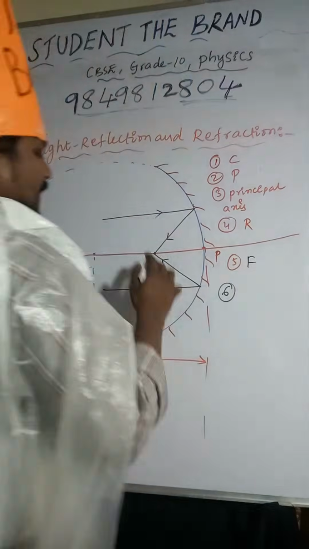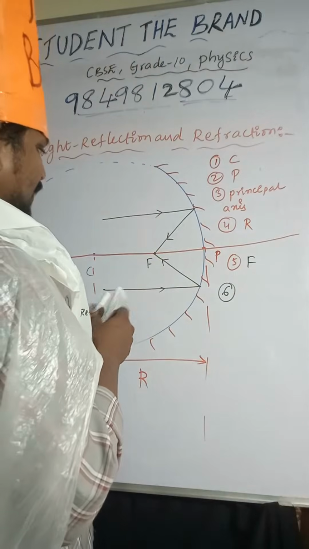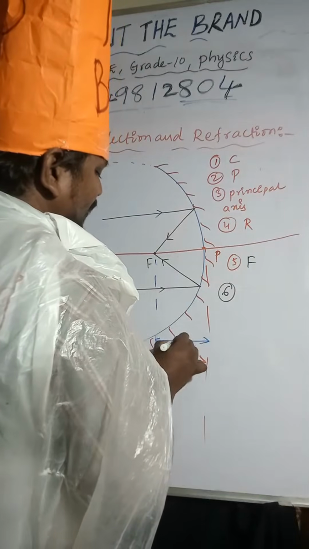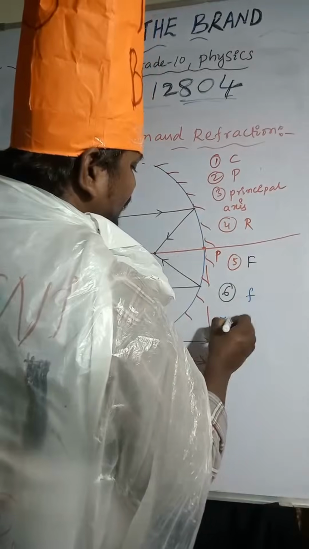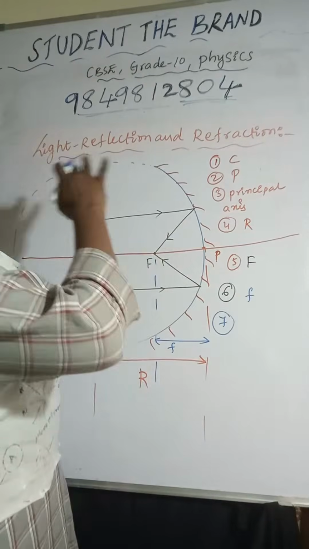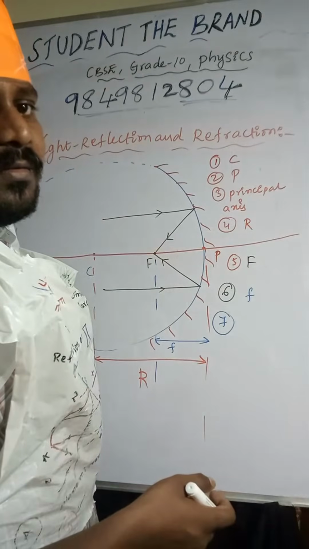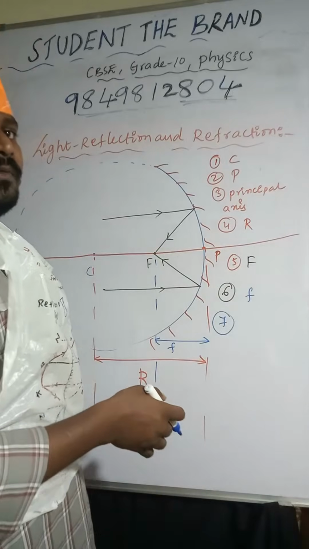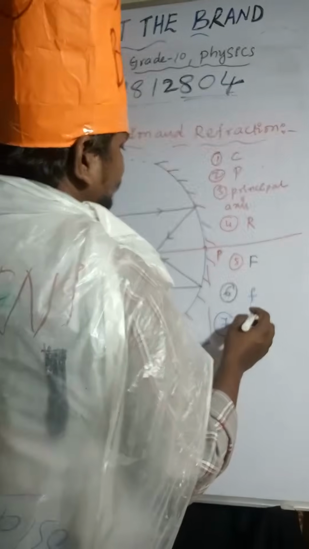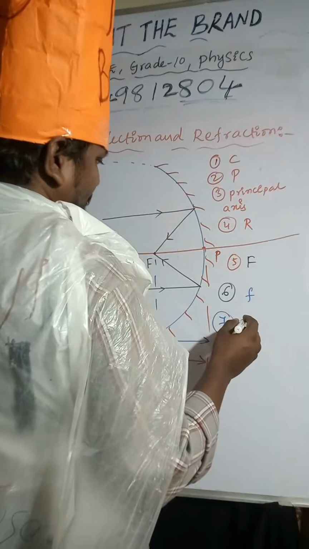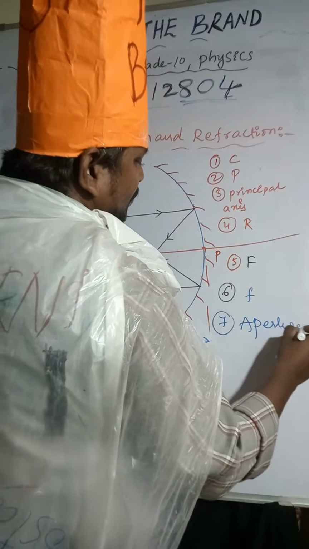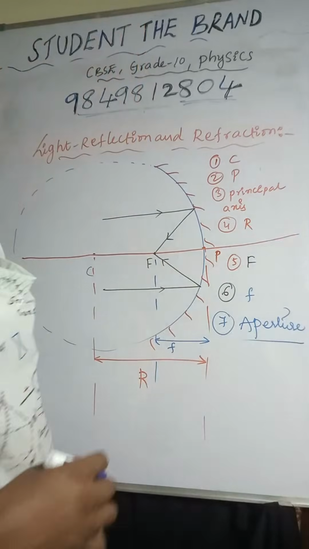Coming to 6, the distance between focus and pole is called focal length. This distance is called focal length, small f. Coming to the seventh one, the width of the mirror, the reflecting surface, is called aperture.